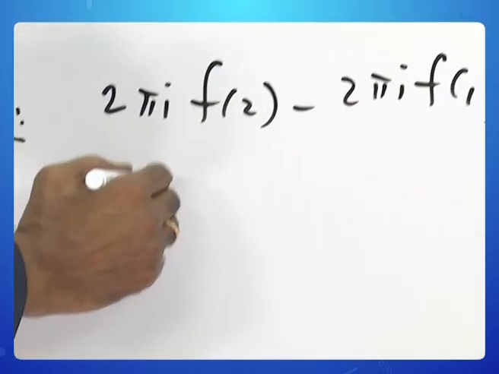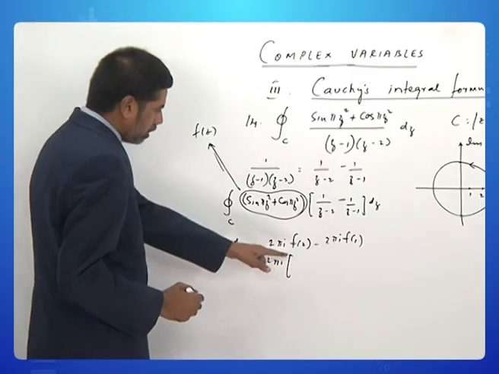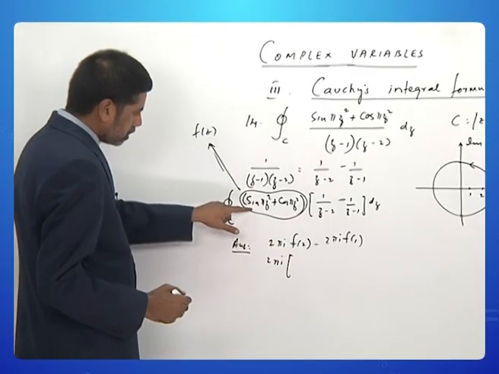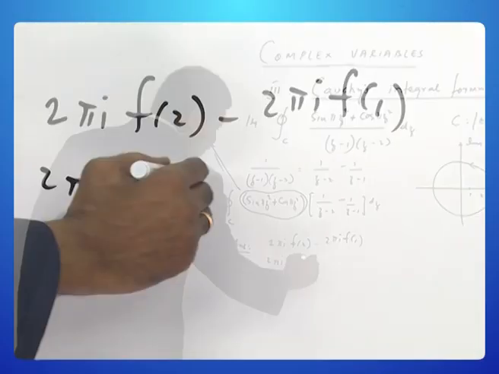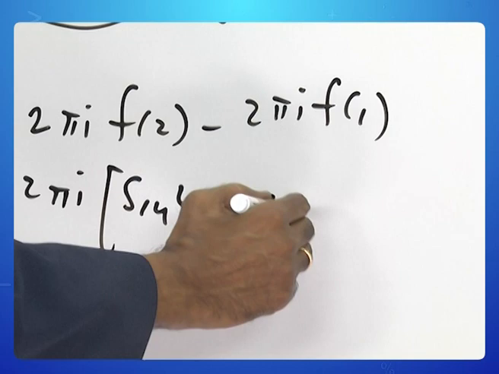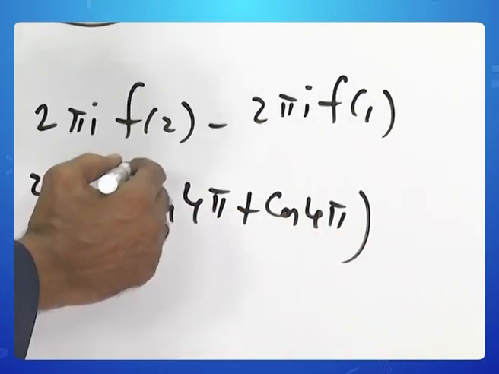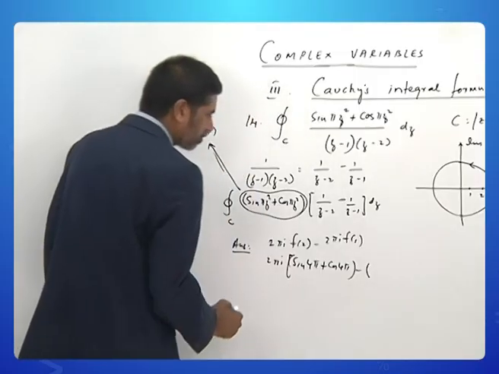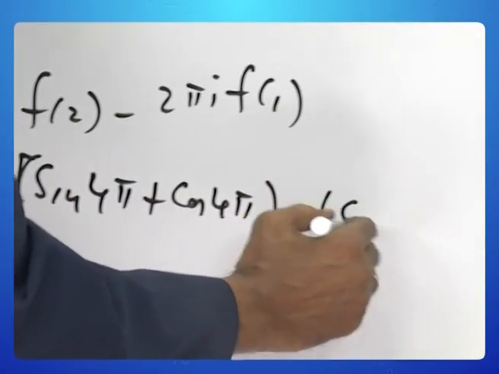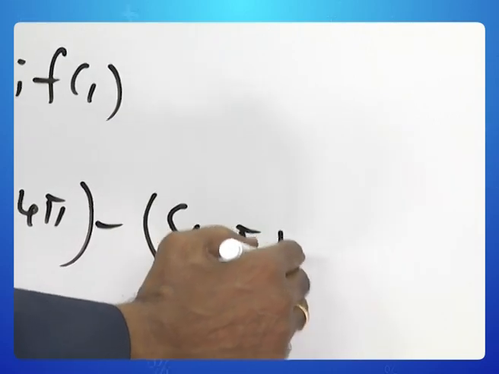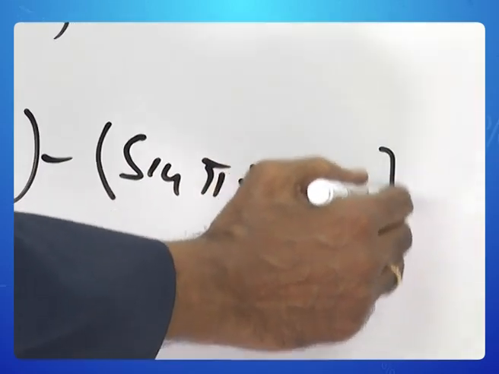So, 2 pi i into f of 2 is sine, put z is equal to 2, sin 4 pi plus cos 4 pi, minus of f of 1, sin pi plus cos pi.